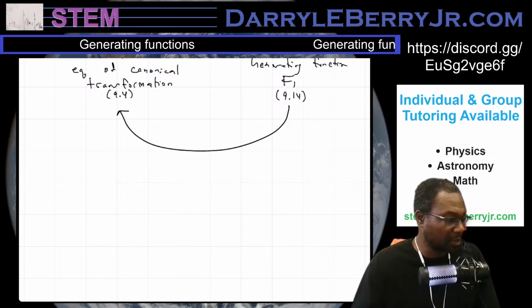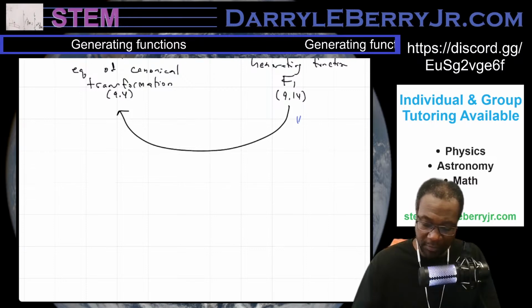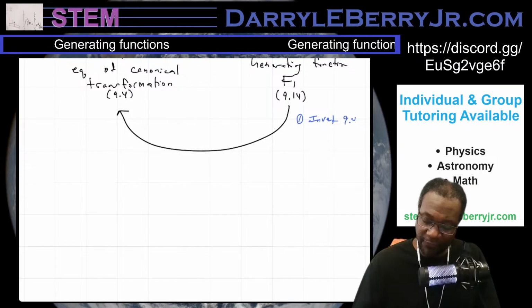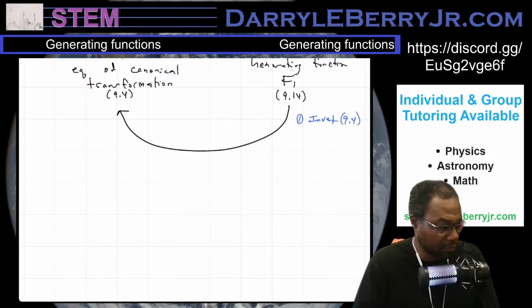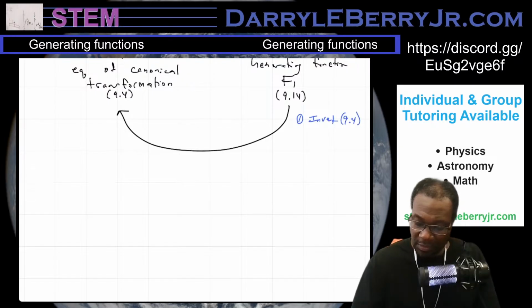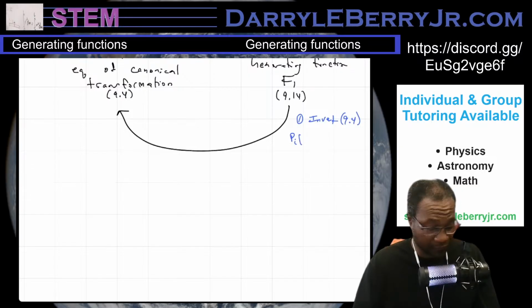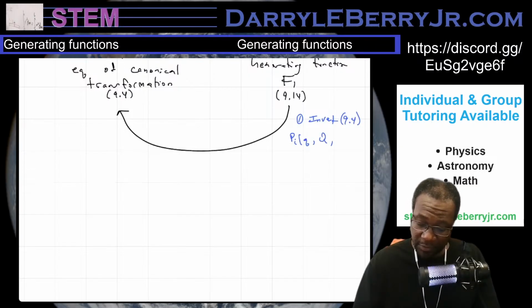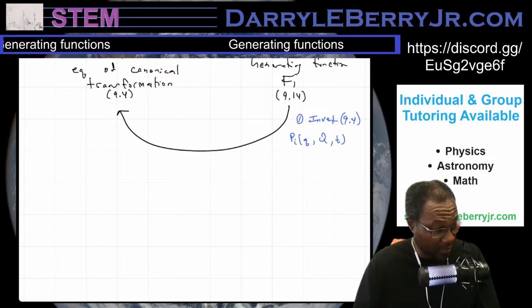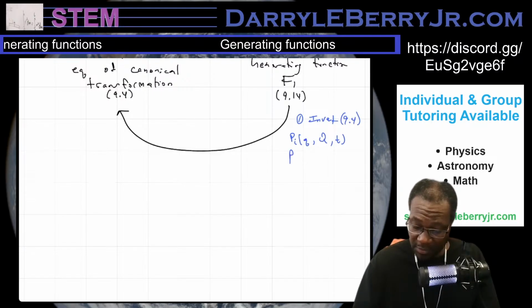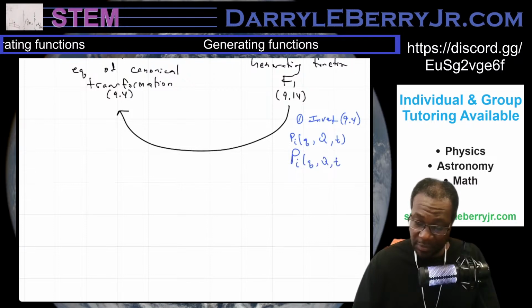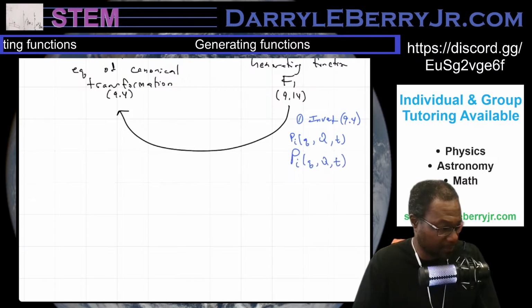Equation of transformation. So we invert 9.4, so that we have P_i(q, Q, t) and p_i(q, Q, t). So that's lowercase and capital case.